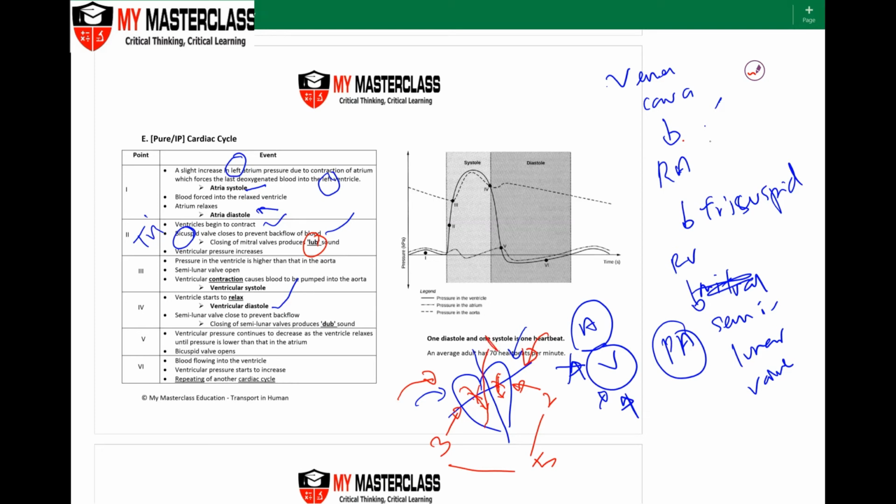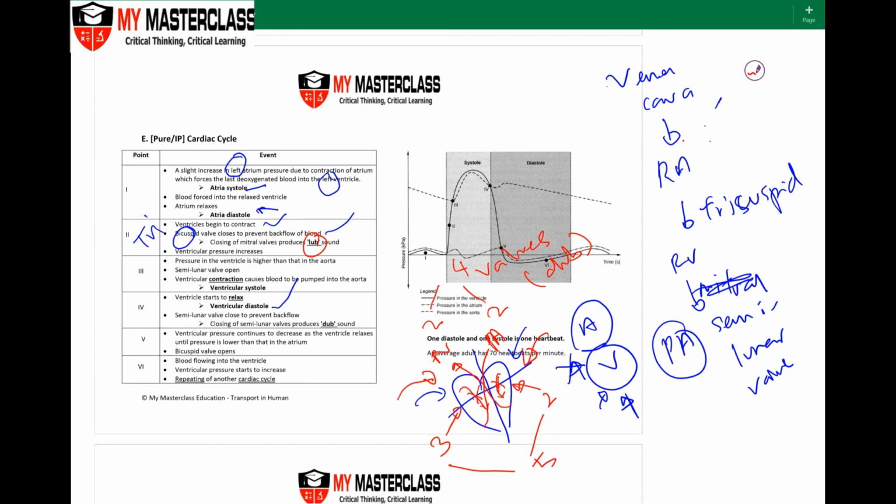One will go to my pulmonary artery and the other one will go to my aorta, via your semilunar valves. How many semilunar valves do we have? 2 of each, which means in total I have got 4 valves. When these valves close, that will produce the softer dub sound.